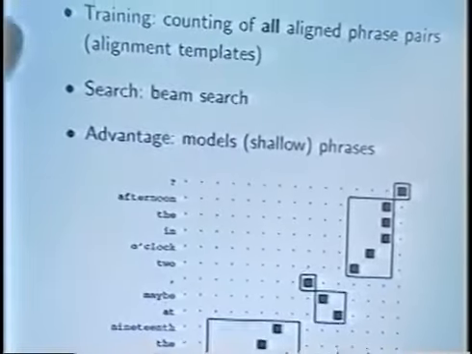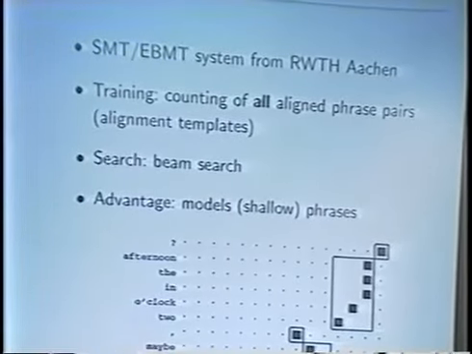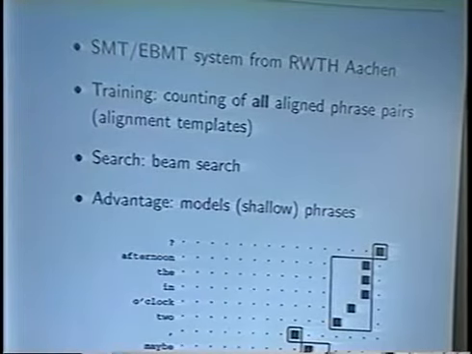And what I've done in my thesis after in Erlangen and further developed in Aachen is the alignment template system, which is a statistical, example-based machine translation system, which learns from parallel corpora, and it's based on the IBM Model 2, or an extension of IBM Model 2, the HMM alignment model, which also includes relative alignment probabilities, not distortion probabilities.